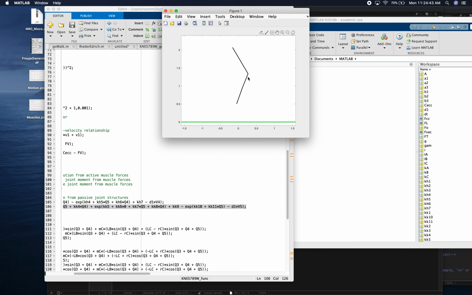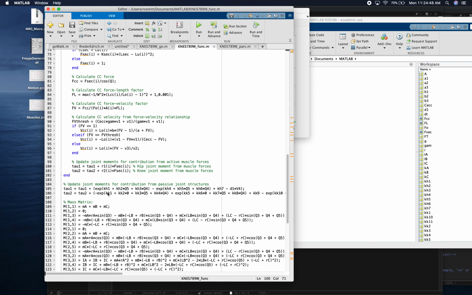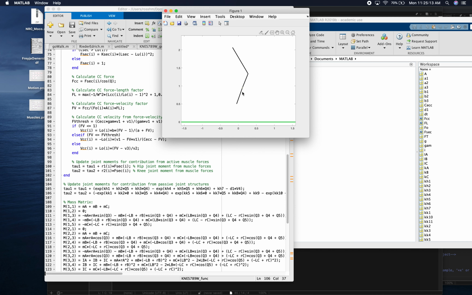When the joints get to certain positions, these functions that I added here, these exponential functions, if you look closely, are producing moments in the opposite direction of these active muscle moments up here, balancing them out, so that the joint cannot get into unrealistic ranges of motion.